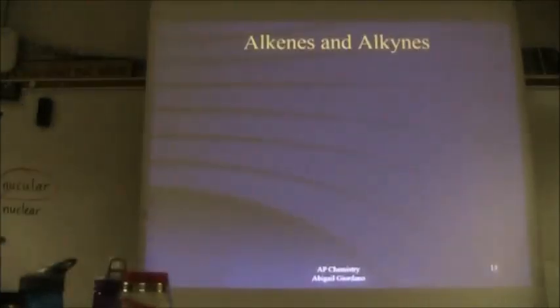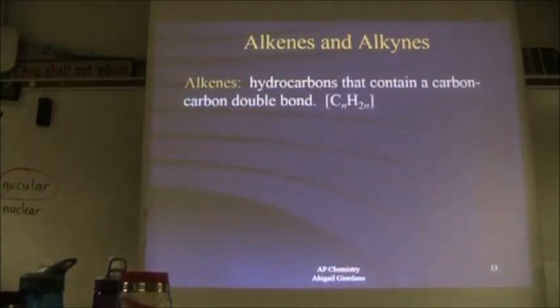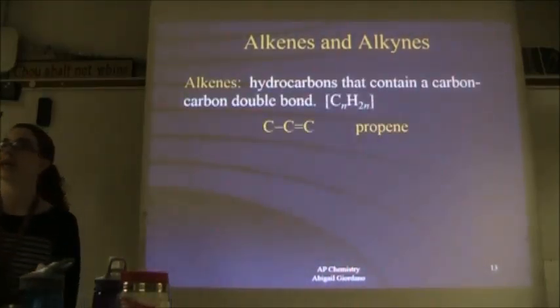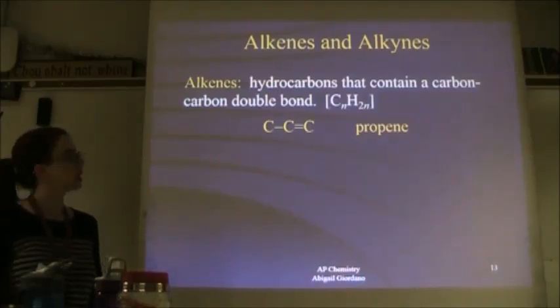What we're going to start looking at today is, what if it's not all single bonds? What if there are some double or triple bonds in there? If you see a double bond somewhere in the carbon chain, it's not an alkane, we call it an alkene.